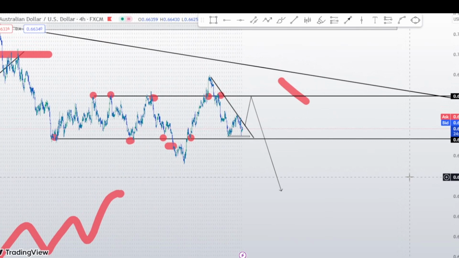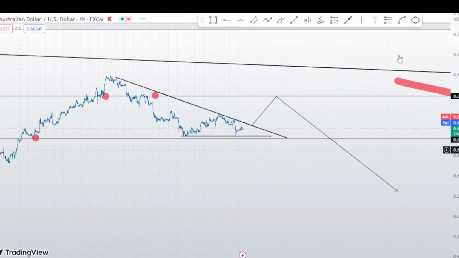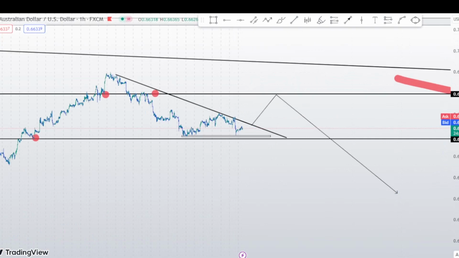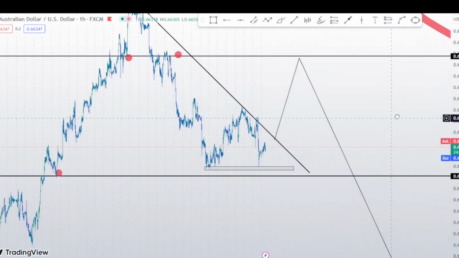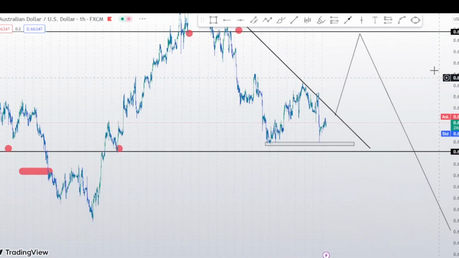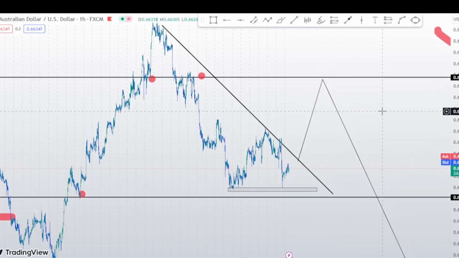Even if you go to 1 hour, we're going to go to 1 hour and check what is happening here. As you can see on 1 hour, there is a lot going on, but the levels are still the same, only now they are broader and they present a clear opportunity.